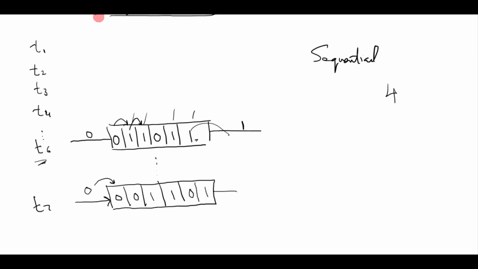Now if you count the number of ones at time instant t7, your number of ones is 3.